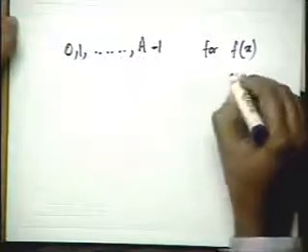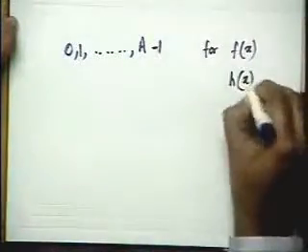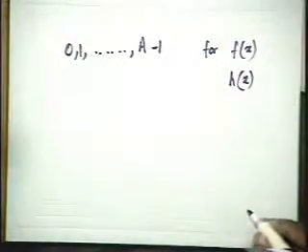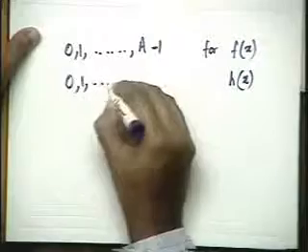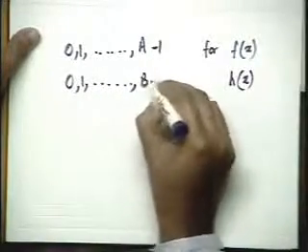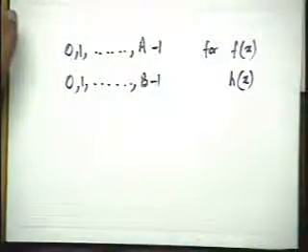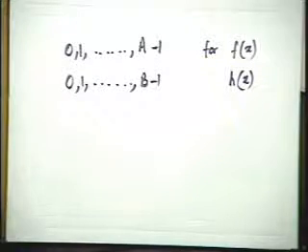And let us say that for h of x we are taking once again the samples of h of x. And the number of samples for h of x need not be the same as the number of samples we are going to take for f of x, isn't it? They are going to be different. So let us say that we take capital B number of samples for h of x, so that for h of x, x is defined in the range of 0, 1 up to capital B minus 1.